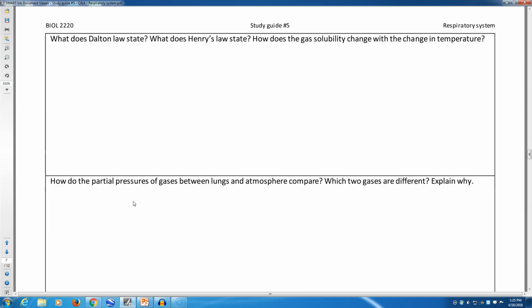So, Dalton's Law. The pressure of the mixture equals the what? The sum of all individual partial pressures. Does that make sense? So, if you have gas A, B, and C, then the pressure of their mixture will be equal to PA plus PB plus PC.